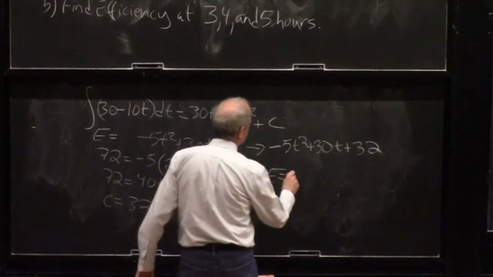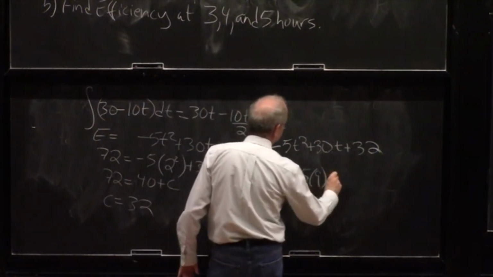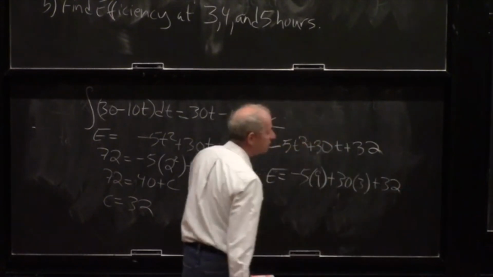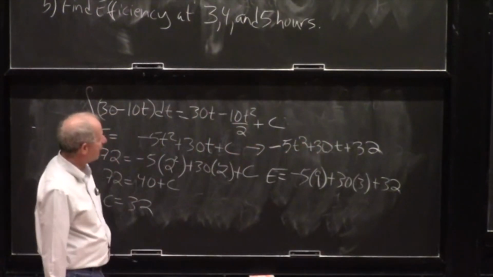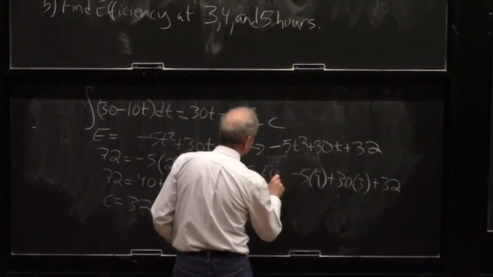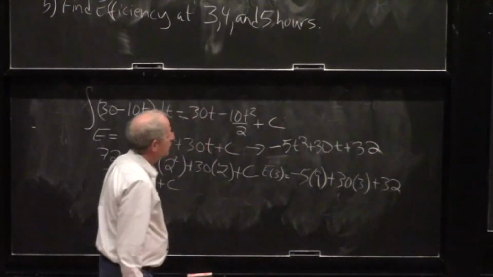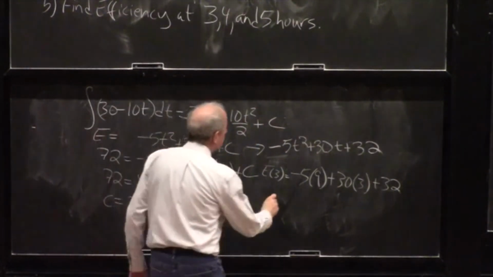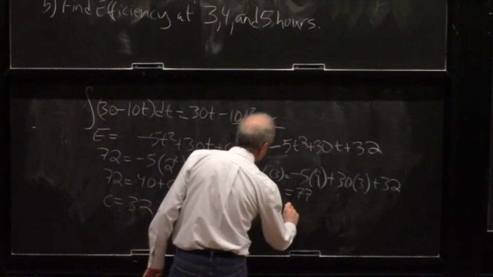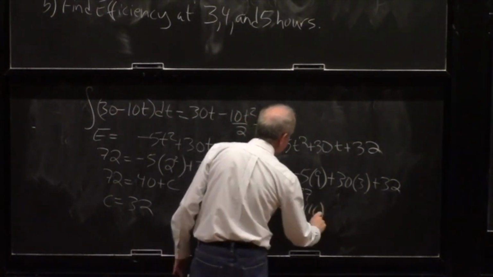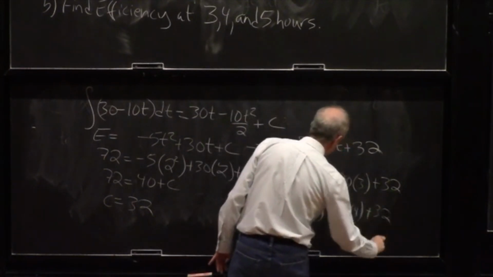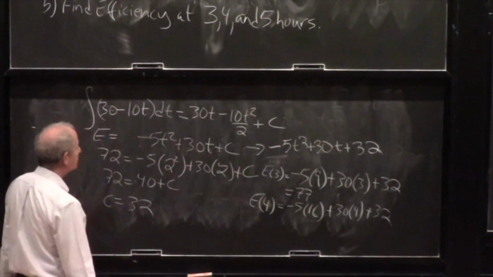So E is minus 5 times 9 plus 30 times 3 plus 32 when we are at 3 hours, which is 77. E at 4 is minus 5 times 16 plus 30 times 4 plus 32, which is 72.